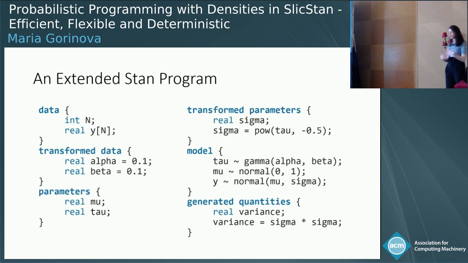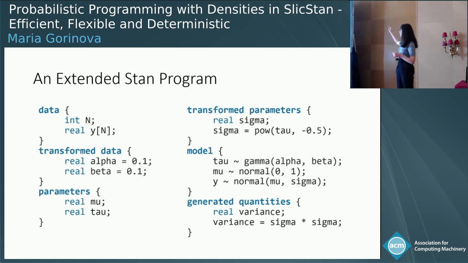But now that we introduced what a full Stan program looks like, let's see another example. So here, this is the same example, a little bit extended. Instead of giving a prior on sigma, which is the standard deviation, we give a prior on the precision tau, and we then define sigma in terms of tau.